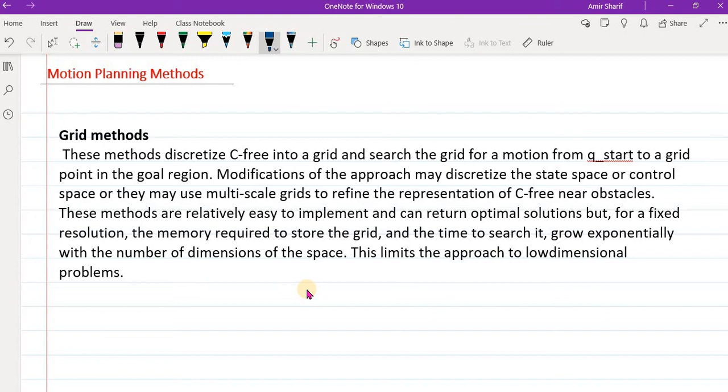How it works is that these methods discretize C-free into a grid and search the grid for a motion from Q start to a grid point in the goal region. Modifications of the approach may discretize a state space or control space, or they may use multi-scale grids to define the representation of C-free near obstacles.